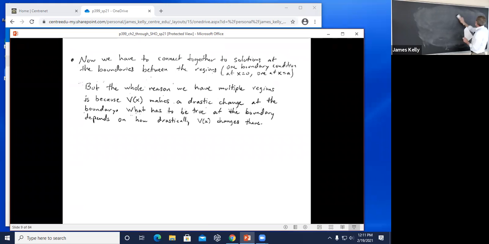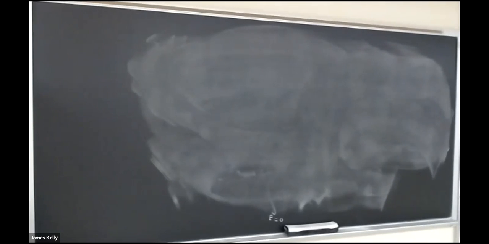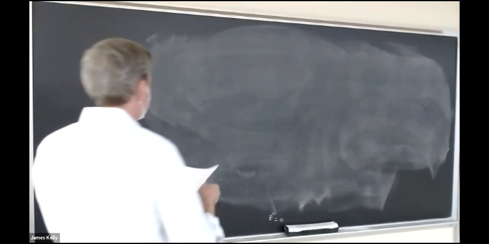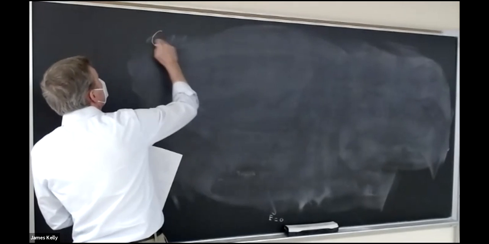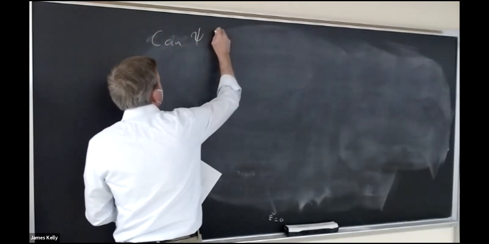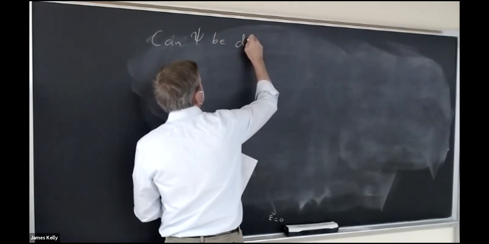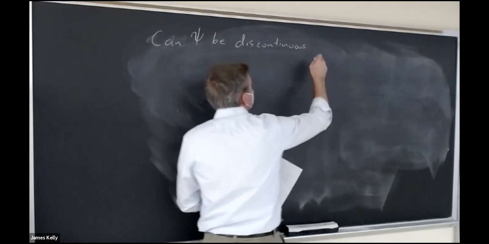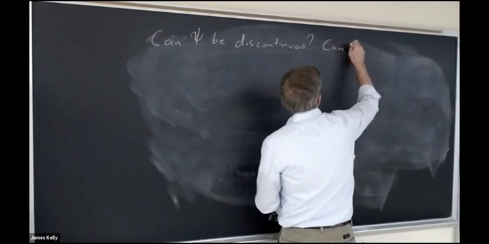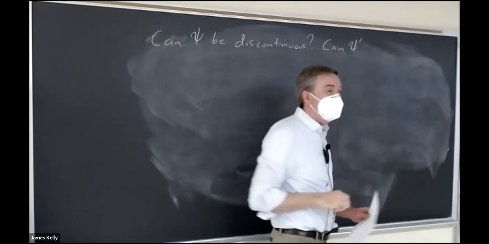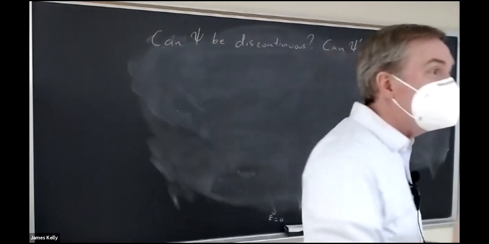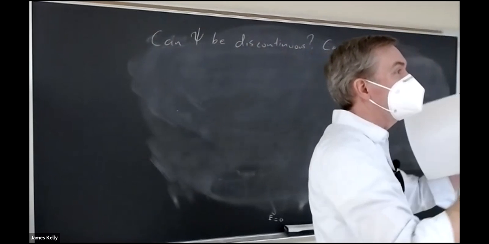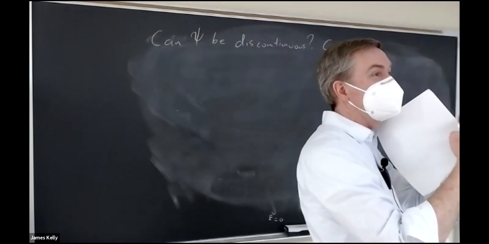The question is, well, in general, how crazy of a function can psi be? Can lowercase psi be discontinuous? Can psi prime, the derivative of psi with respect to x, be discontinuous? If psi prime is discontinuous, that means psi has a kink in it, right?